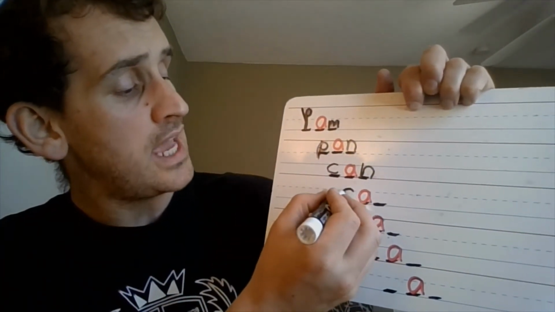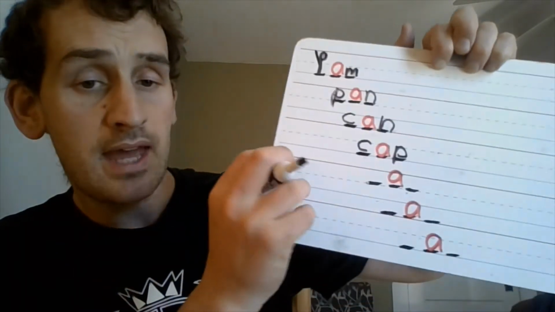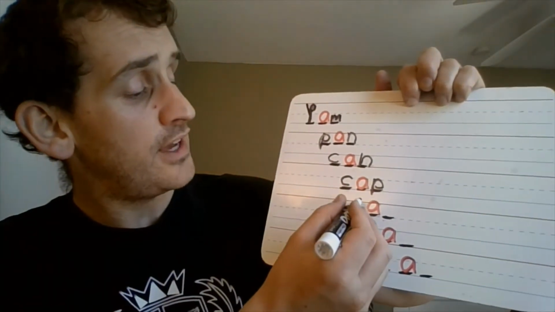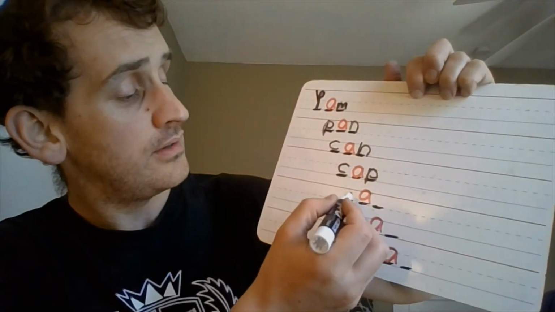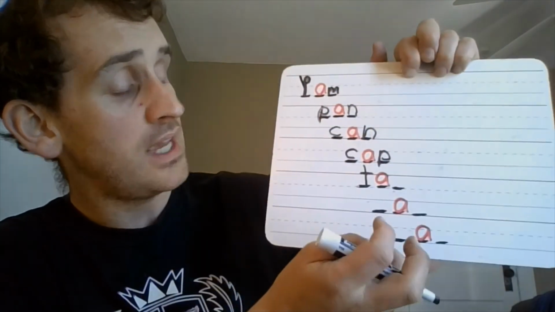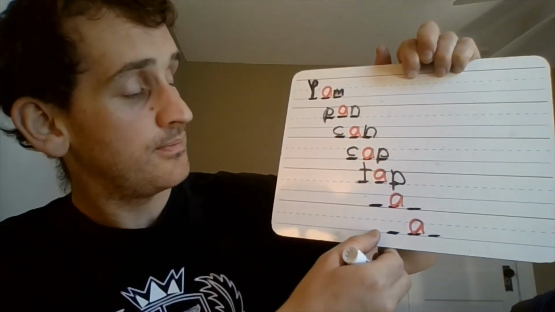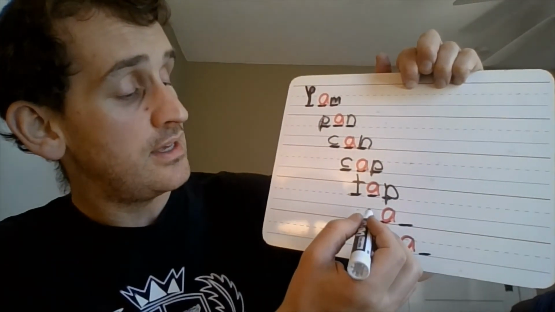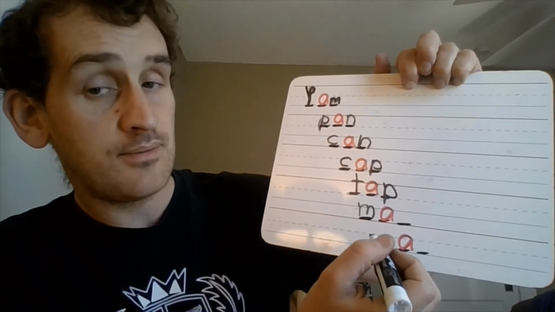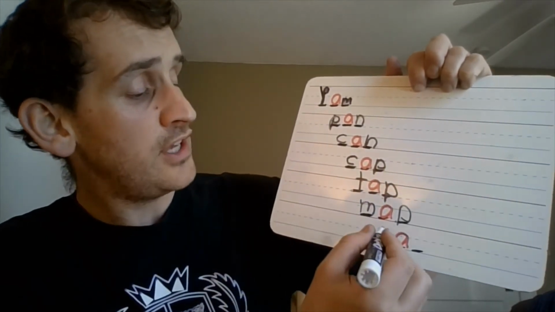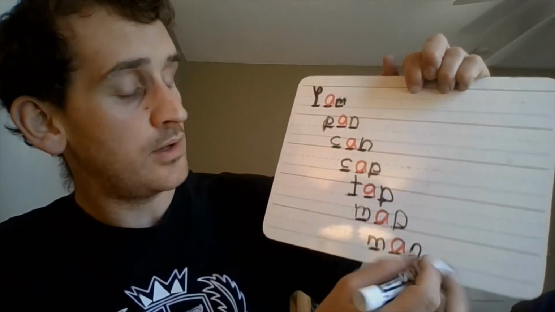If I change the N to a P, what do I get? K-A-P, same as yesterday. If I change the C to a T, what do I get? T-A-P, tap. If I change the T to an M, what am I going to get? M-A-P, map. And finally, if I change the P to an N, what do I get? M-A-N, man. Nice job, first grade.